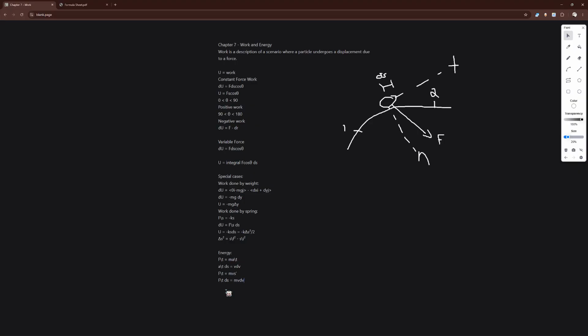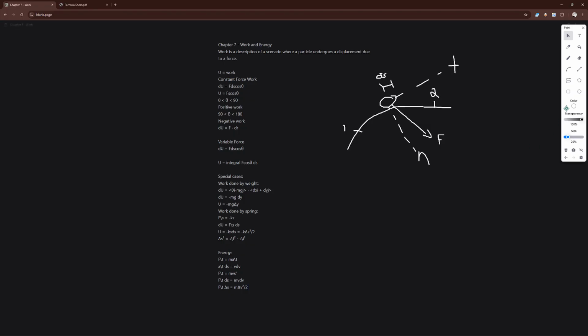And then integrate both sides from point 1 to point 2, and for the velocity, from velocity 1 to velocity 2. So we get that F_t delta s is equal to m delta v squared over 2. And what do we know about this?